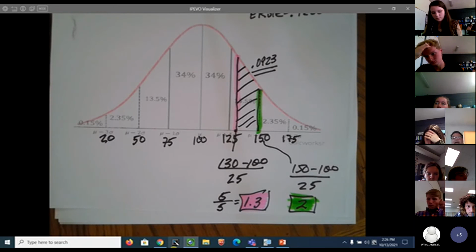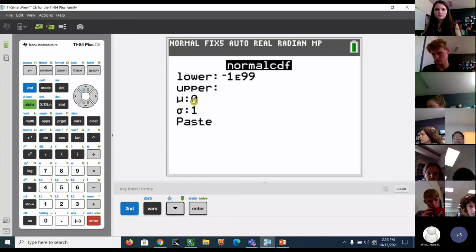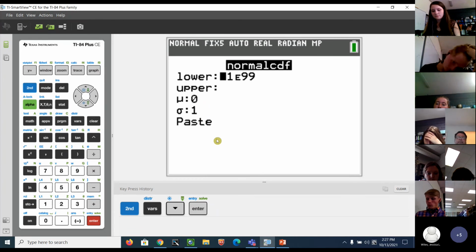Now, you can actually punch in the mean and the standard deviation, but I'm not going to go there yet because I don't want to confuse people. So on your newer calculators, you can actually type in the mean and the standard deviation right here. But I don't do that because some people don't have the newer calculators. So I teach it from an everybody-has-an-old-calculator perspective.